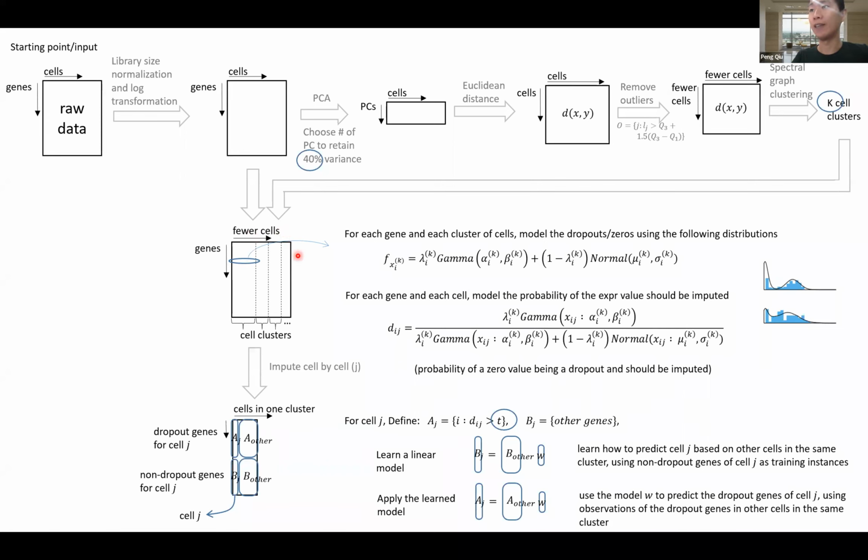And then what they want to say is that if these cells belong to the same cluster, then they should share a very similar gene expression profile.